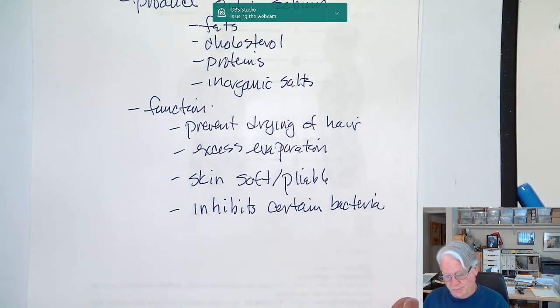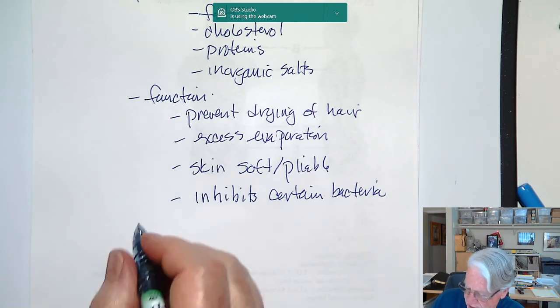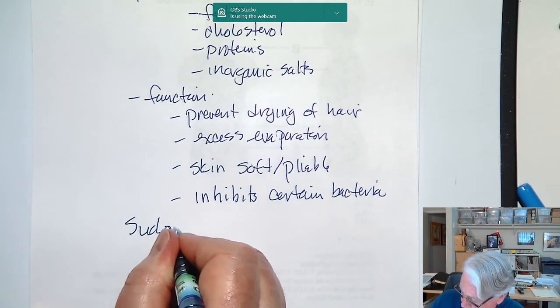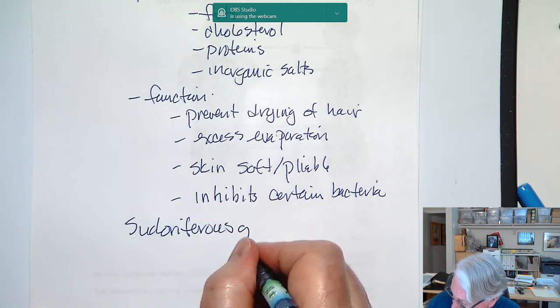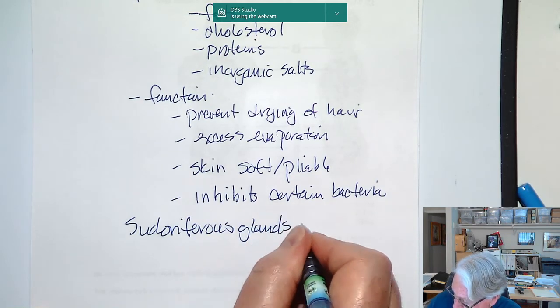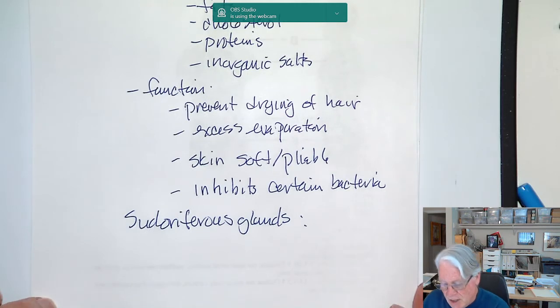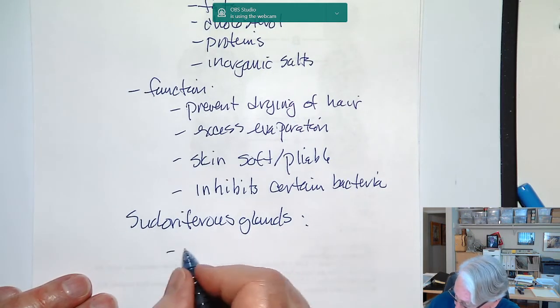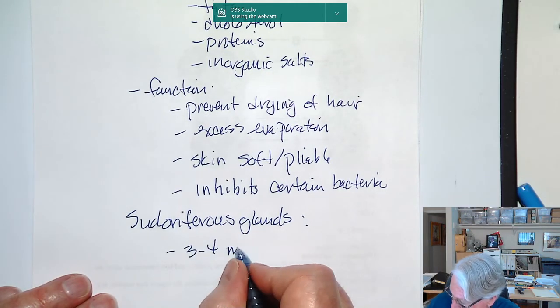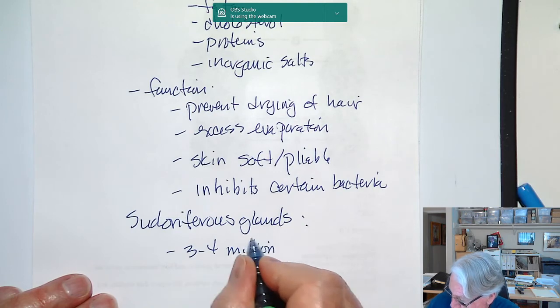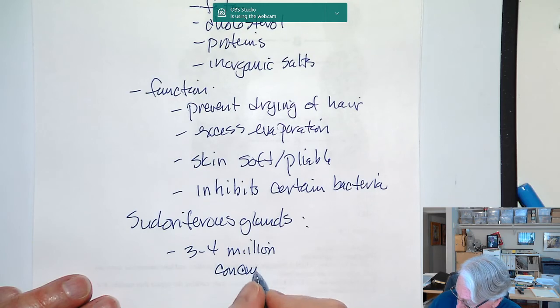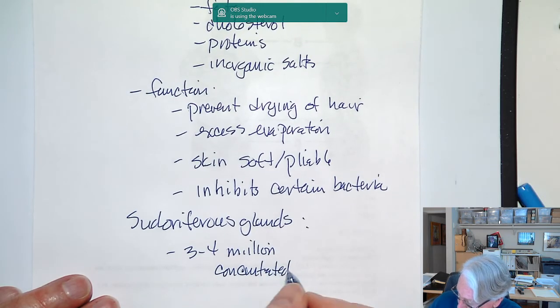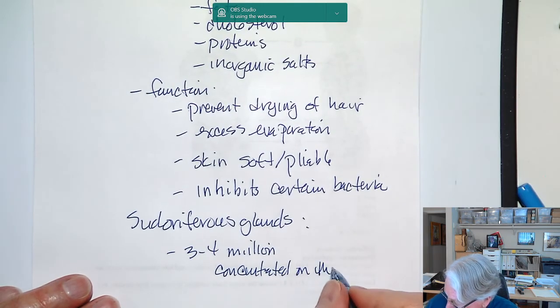Okay. The sudoriferous glands, we have a lot of those, 3 to 4 million. And they're concentrated on the head in particular.